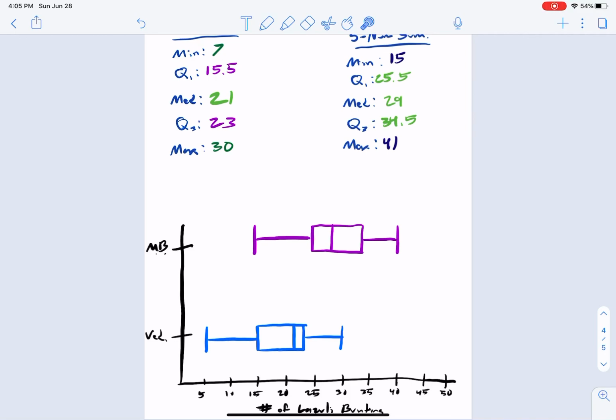That's okay. But maybe one thing we notice is that there are less lazuli buntings per sort of 7 units, or per unit, than there are at Medbo, right? So we see that there's quite a bit of fewer counts here than we saw here, right?